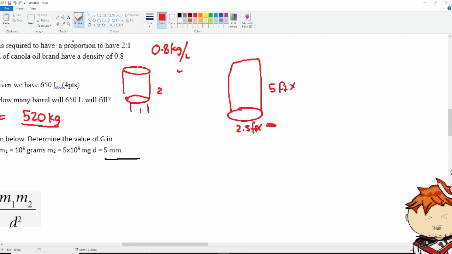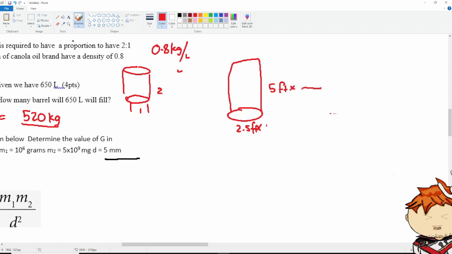Let's convert first to meters. So 1 foot is 12 inches, and 1 inch is 0.3048 meters. Oh wait, that's wrong. Let's directly convert. I'm thinking about the direct conversion, not the indirect.